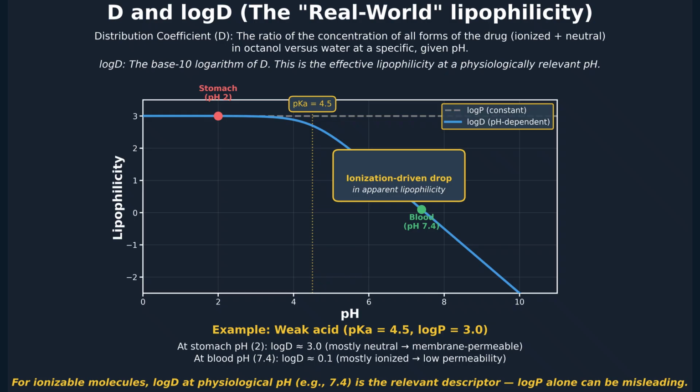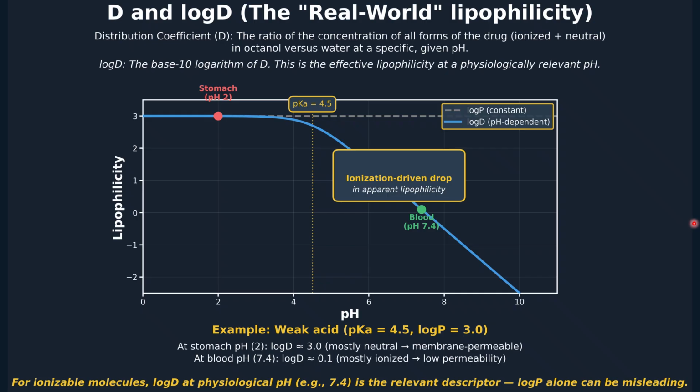Log P describes partitioning of the neutral form only, shown here as the flat gray line, which remains constant regardless of pH. But for ionizable compounds, this can actually be misleading.